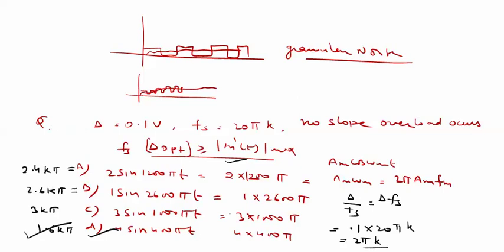Any value less than 2πk is our answer. The fourth one is our answer. For any value less than 2πk, no slope overload will take place.